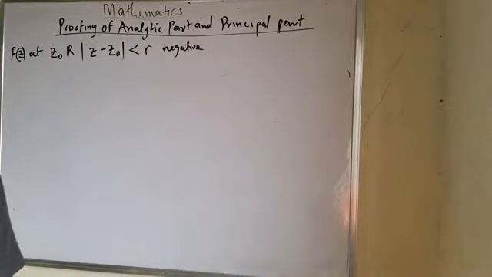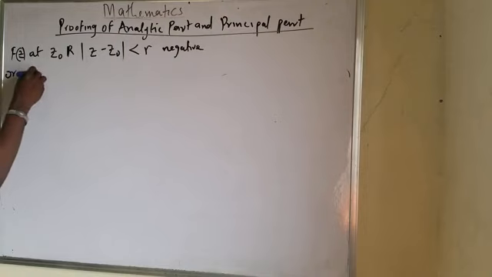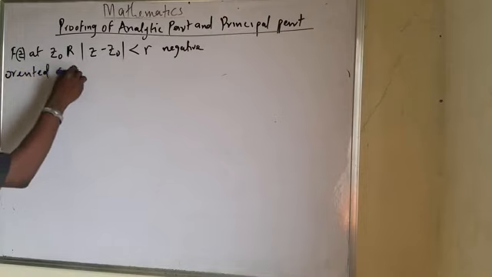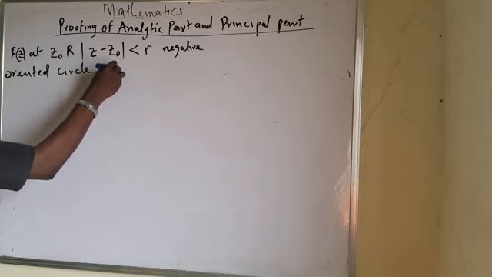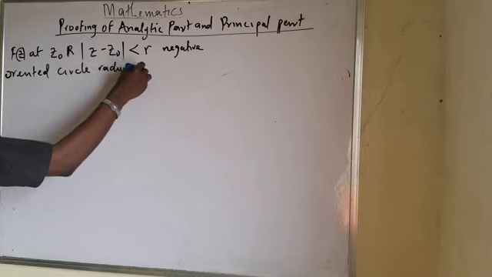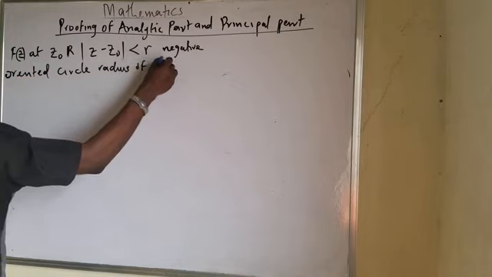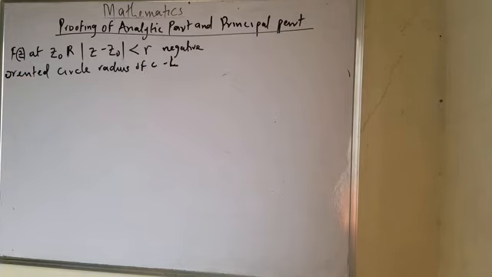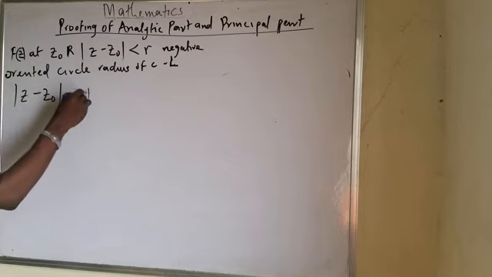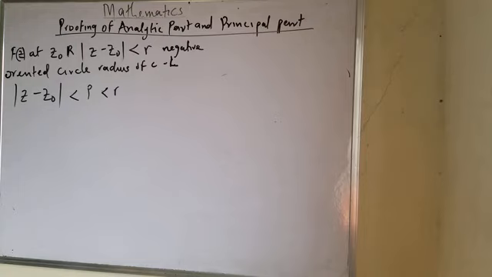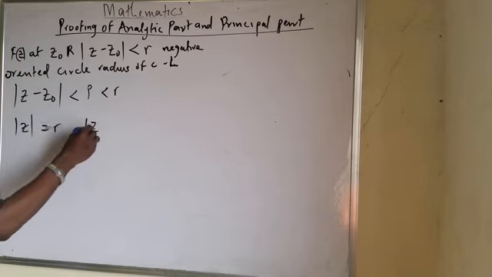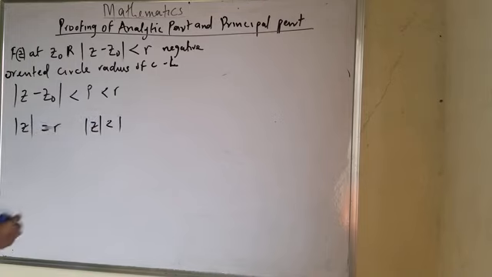Now, when I have it this way, an oriented circle of radius r, it means my absolute value of z naught is less than rho, which is less than r. Now, it means my absolute value of zeta equals rho.